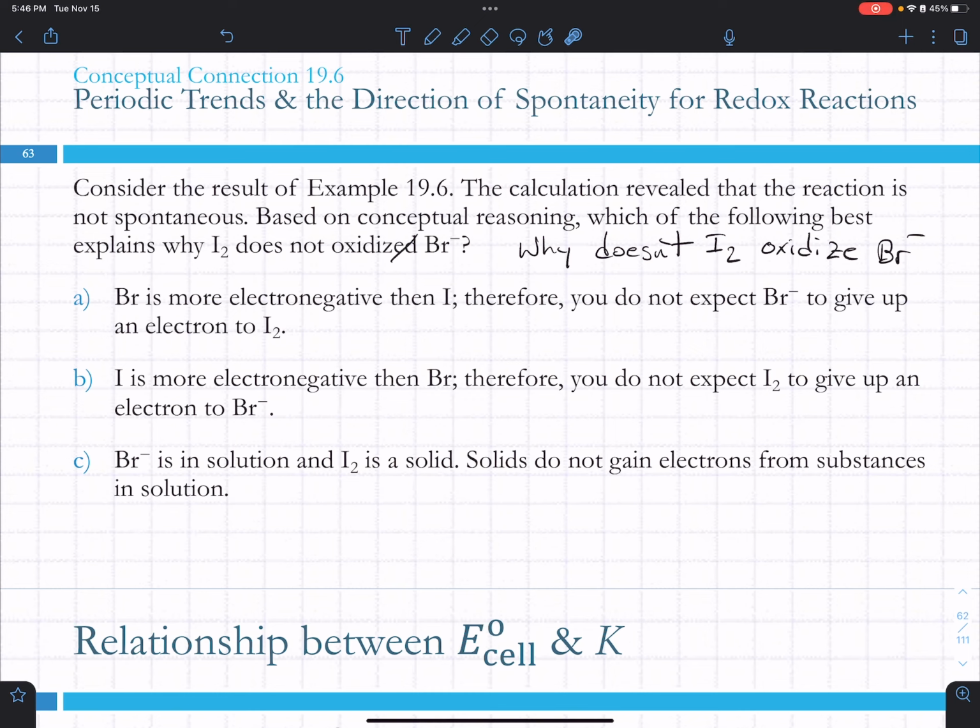So it can't be B because iodine is not more electronegative than bromide. It's bromide that's more electronegative. And so in this reaction, Br minus already has the extra electrons. So if it's more electronegative, it's not going to give up its electrons to iodine and be oxidized. So A.